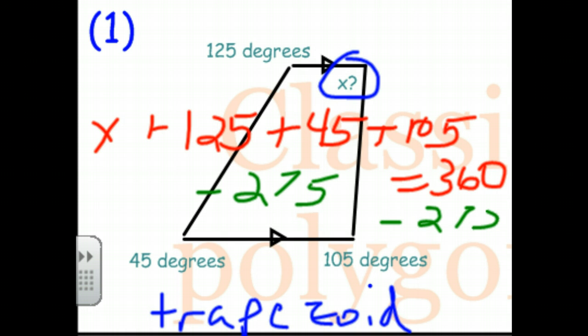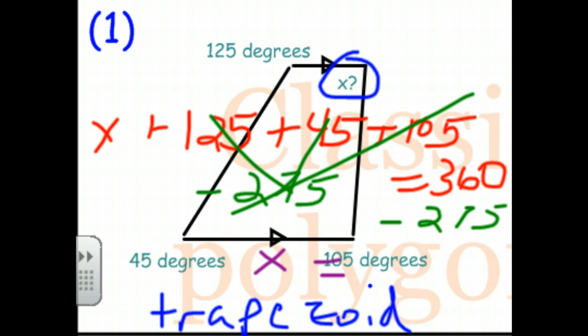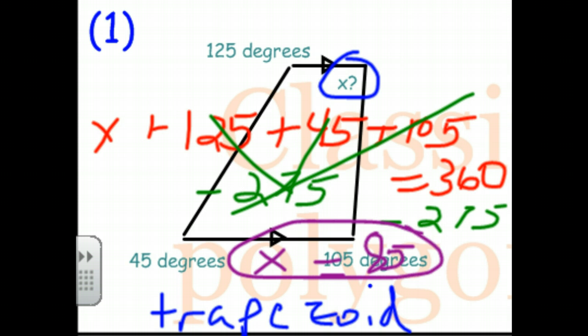Because when I subtract 275, I can get rid of all of these at once. I'm just left with x is equal to 360 minus 275, which is 85 degrees. So the measure of that missing angle is 85 degrees.